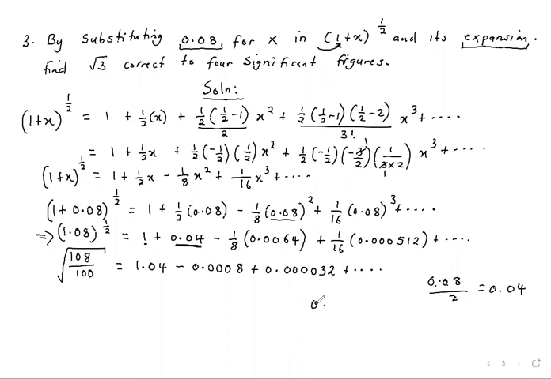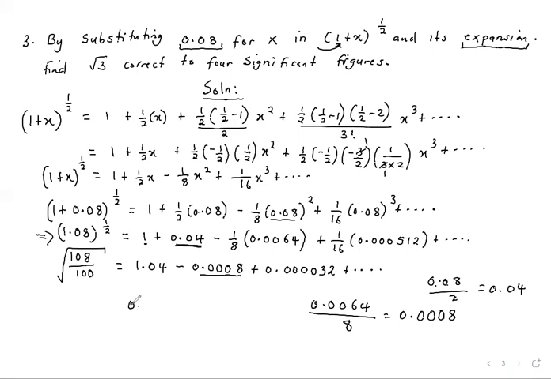Then 0.0064 divided by 8. 8 in 0, 0; 8 in 0, 0; 8 in 6, 0; 8 in 64, 8. That's where this one is coming from.